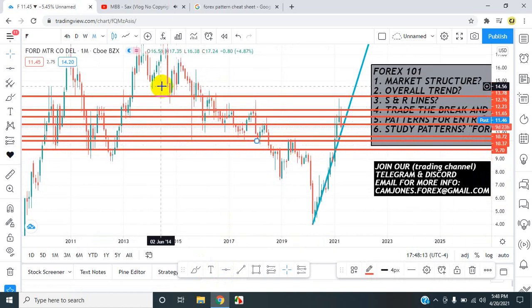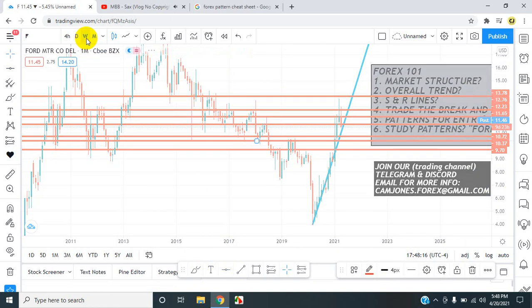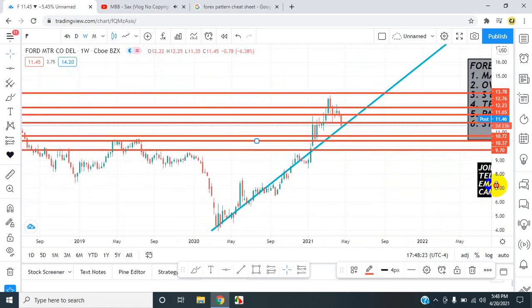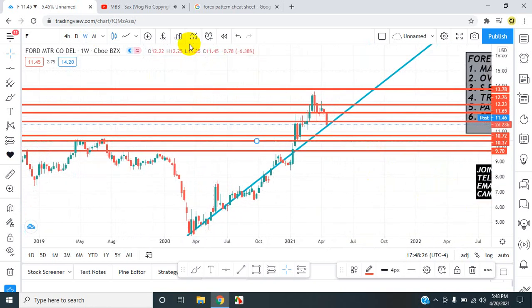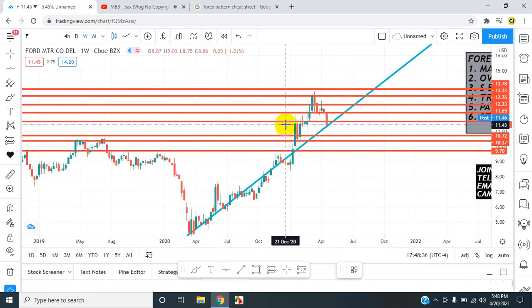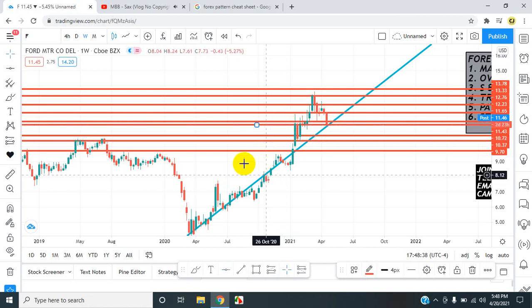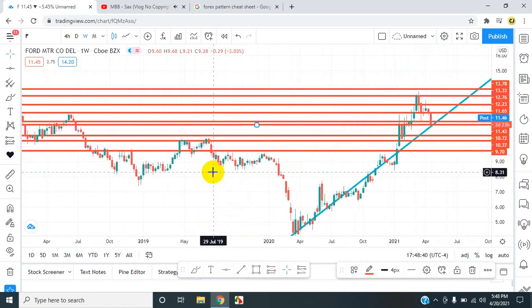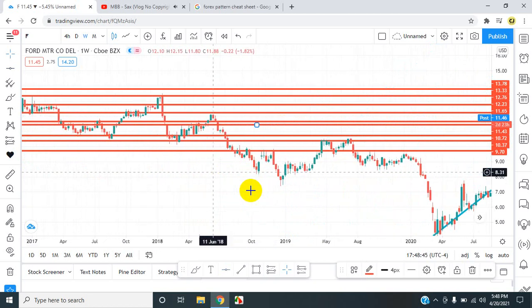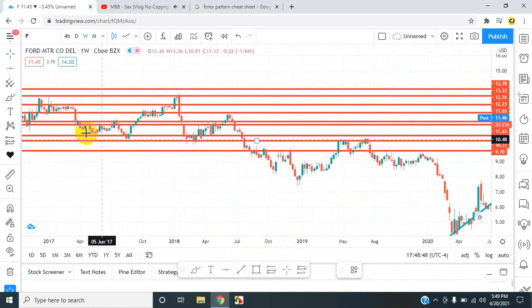What we're going to do next is head down a time frame. We're going to add SR lines between our SR lines, doing a top-down analysis. So we're looking for peaks and inverted peaks. We have a peak right here. We have a tight peak right here. We have inverted peaks here.